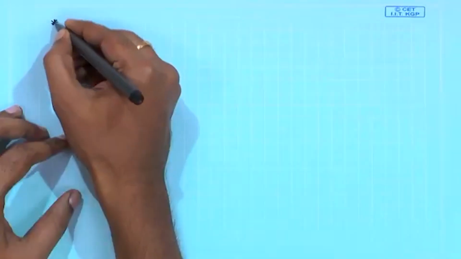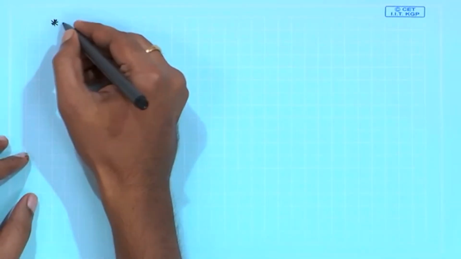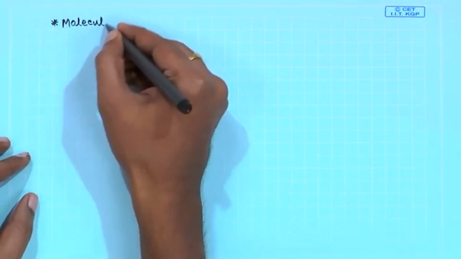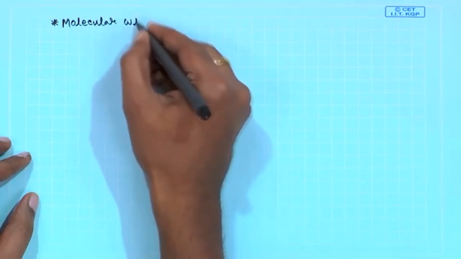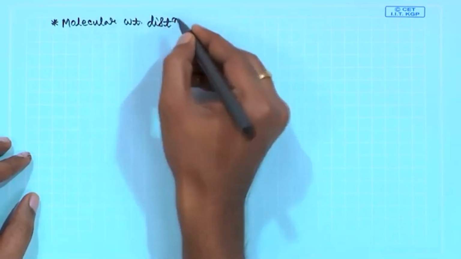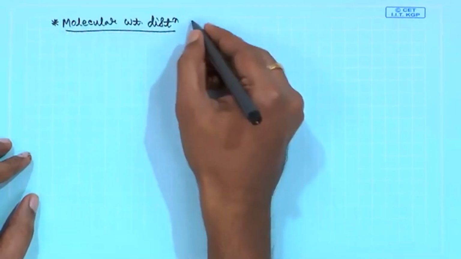So, let us then begin our discussion today. What we are looking for is to derive an expression for the molecular weight distribution, or derive expressions that give you a fair bit of idea of that.